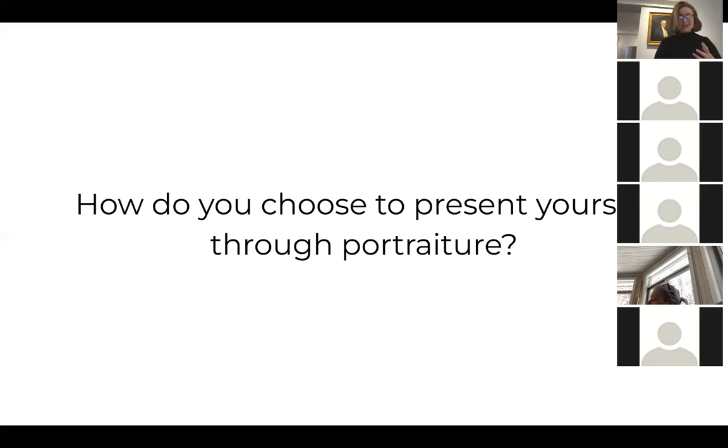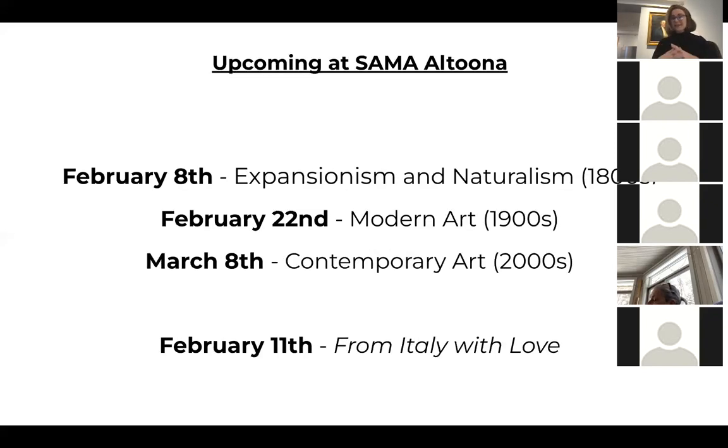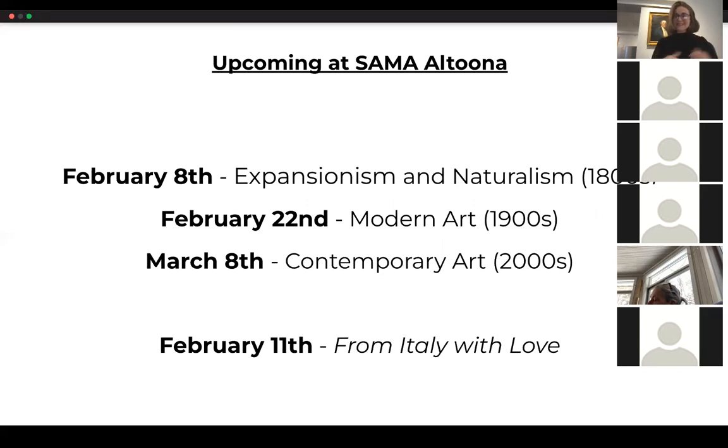I want to talk a little bit about what's upcoming at SAMA Altoona. I know we are keeping this to a tight 30 minutes. February 8th, we're going to be looking at expansionism and naturalism, looking at the 1800s. We're going to touch a little bit upon Impressionism and the French influence that began to happen in the later 1800s.